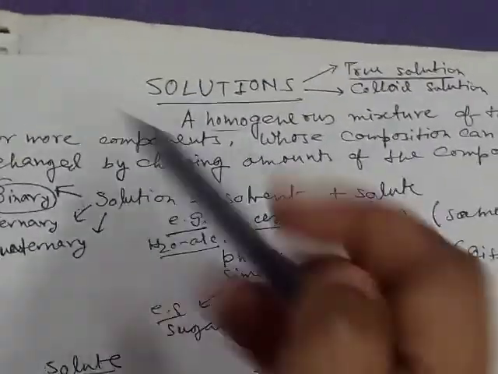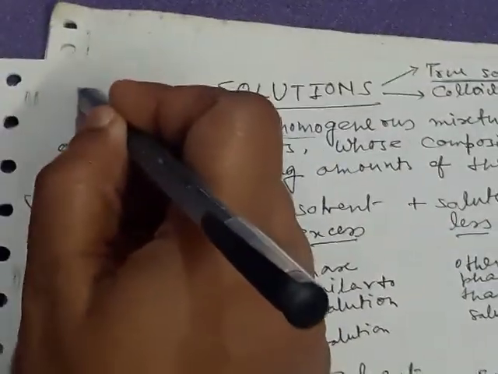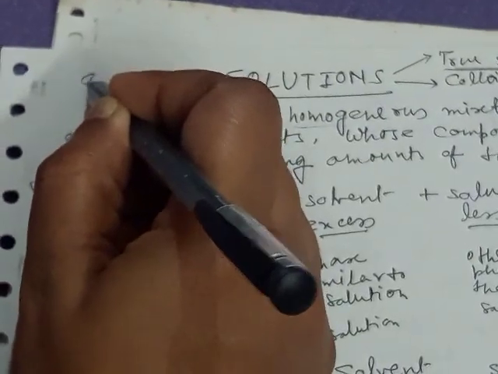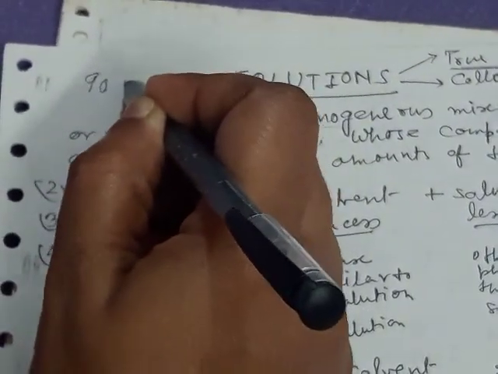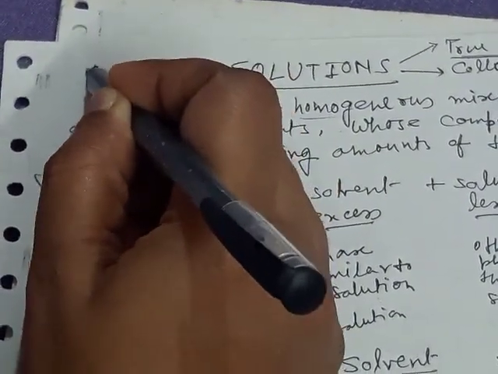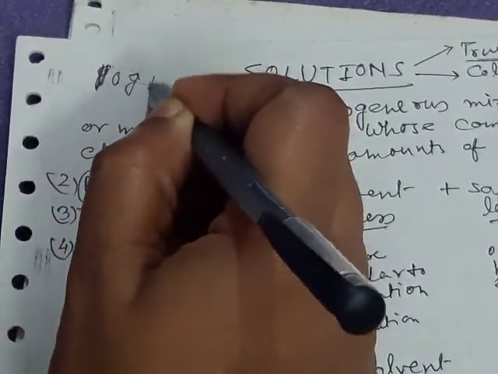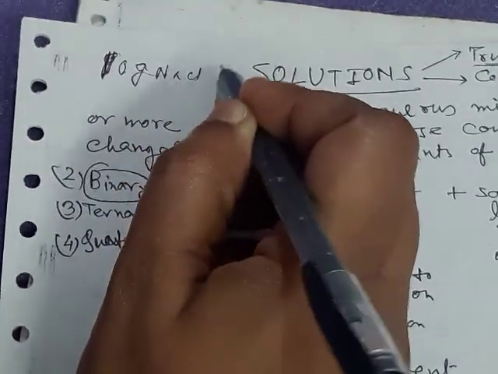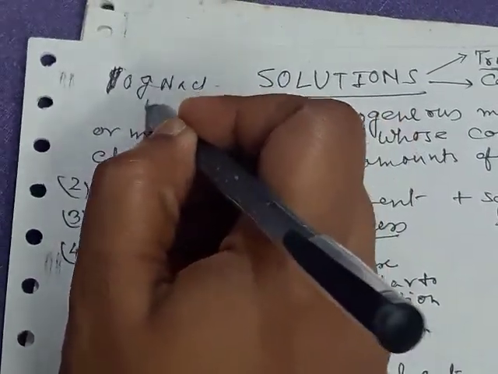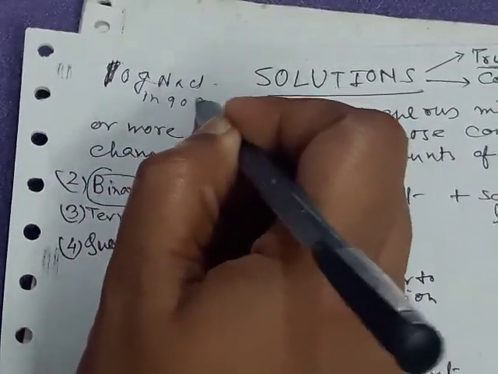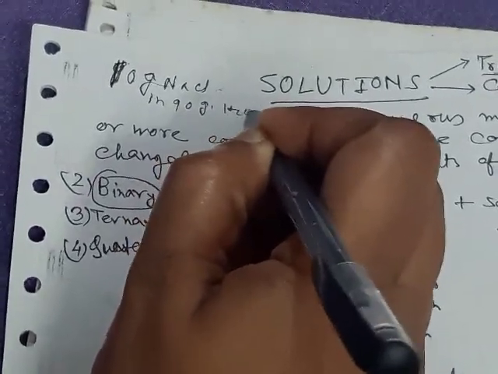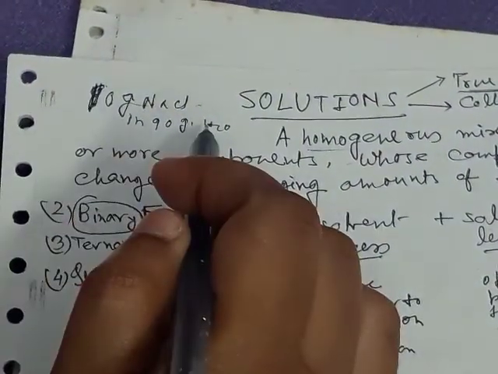For example, I am taking 10 gram of NaCl and dissolving it in 90 gram water. So this solution has a particular composition.